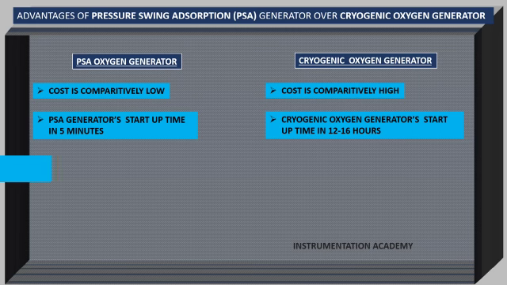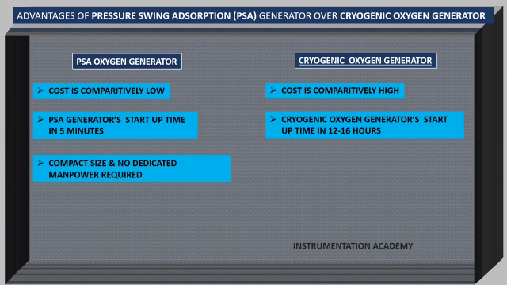PSA oxygen generator is a very compact unit and does not need dedicated manpower. It keeps working round the clock without any supervision. While a cryogenic oxygen plant is very large equipment requiring a lot of sophisticated controls and the maintenance cost is also high. So dedicated manpower is needed to monitor the operation of a cryogenic oxygen plant.